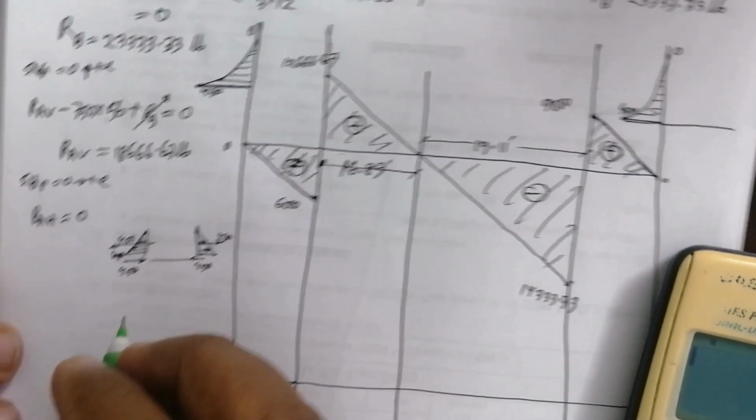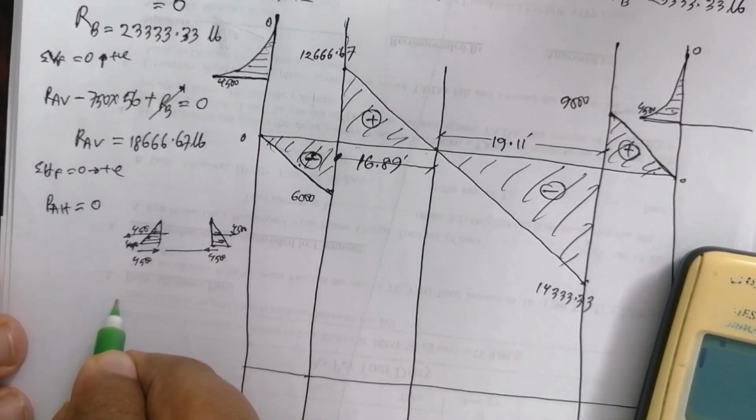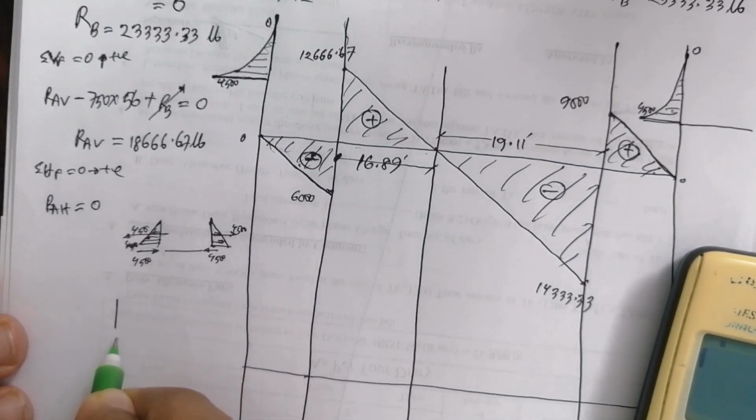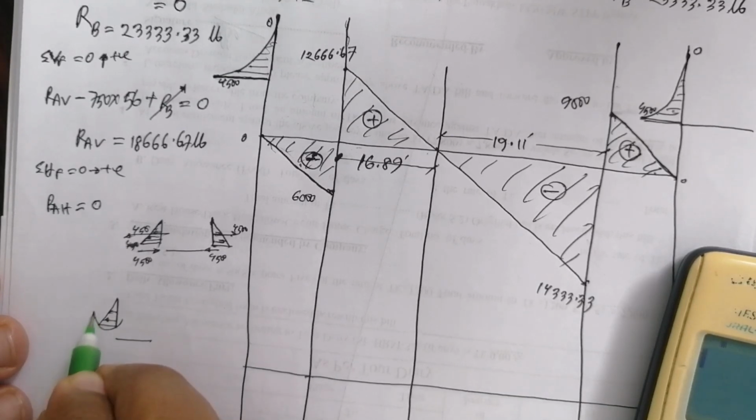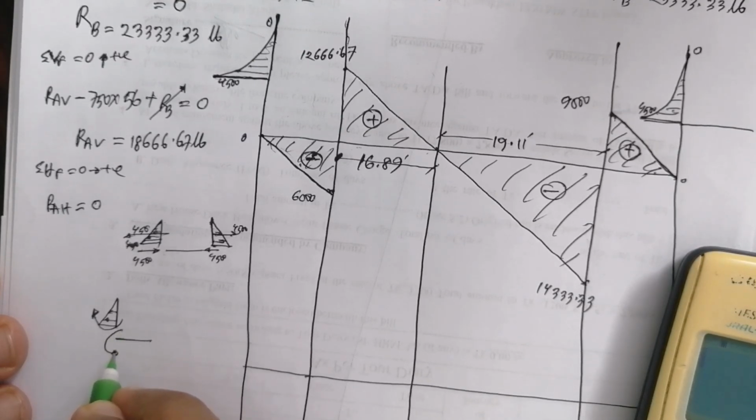If we draw the free body diagram of this, then the force is like this. So the moment here is in this direction, and for the free body, this frame acts with moment in the opposite direction.